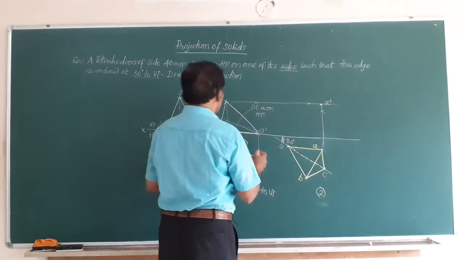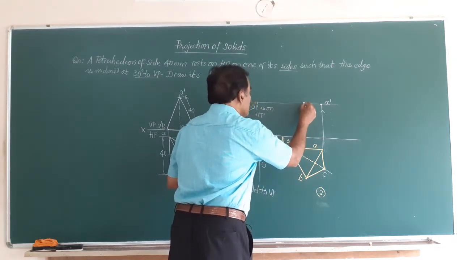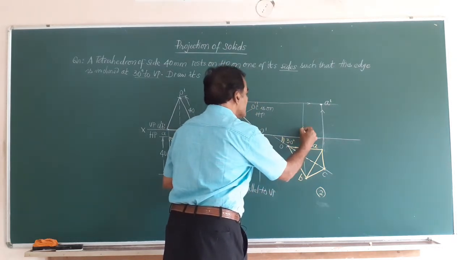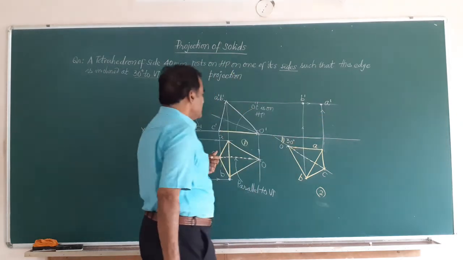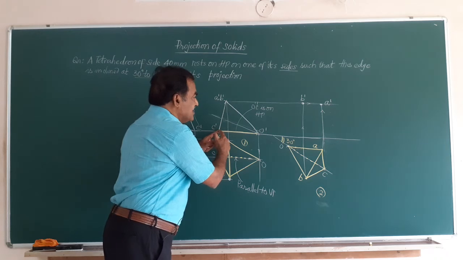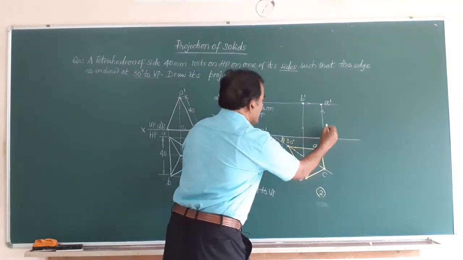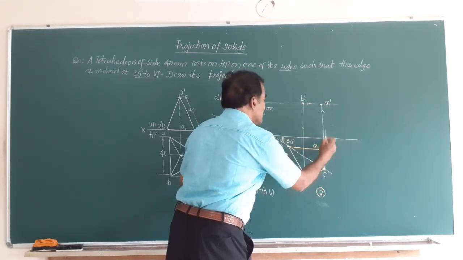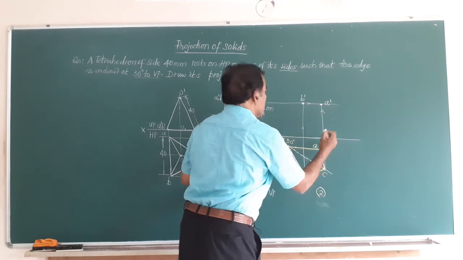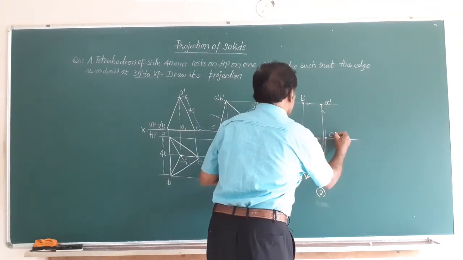Likewise, for B I should get a horizontal line from B, draw a vertical line from B, the point where these two intersect will give you B dash. So we have got A dash, we have got B dash, we have to obtain C, the other corner. So horizontal line from here, vertical line from here will give you a point. So I will say this point you are getting here. This A, B and this point is C dash.